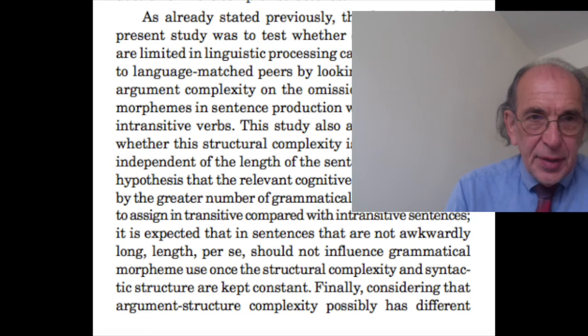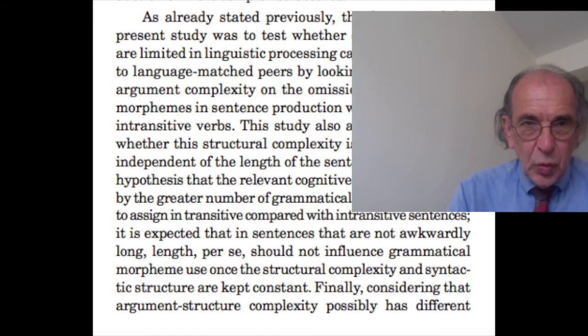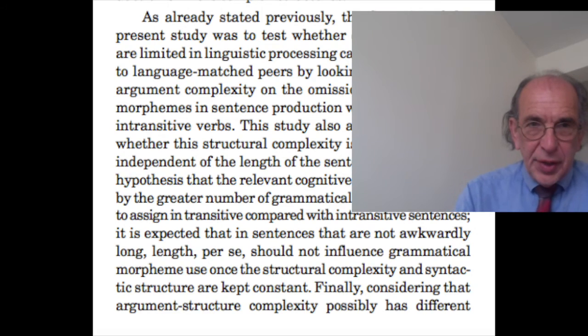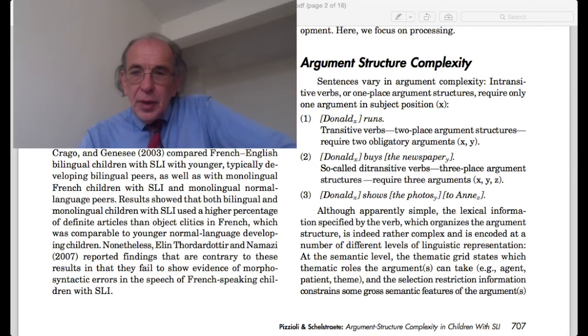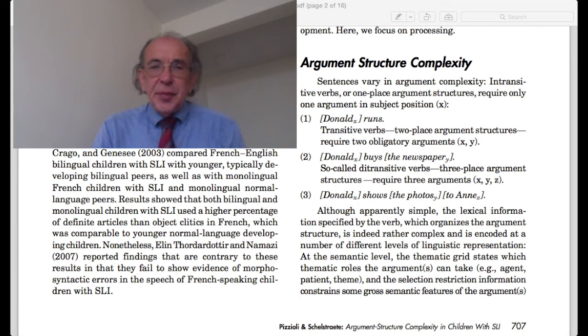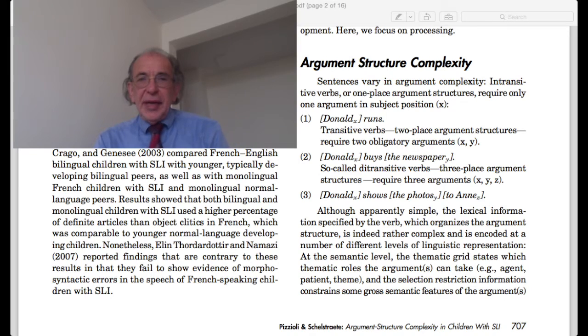Sentences, they write, vary in argument complexity. Intransitive verbs, or one-place argument structures, require only one argument in the subject position. Now, even to understand this, you may have to ask yourself, what do they mean by the word argument?